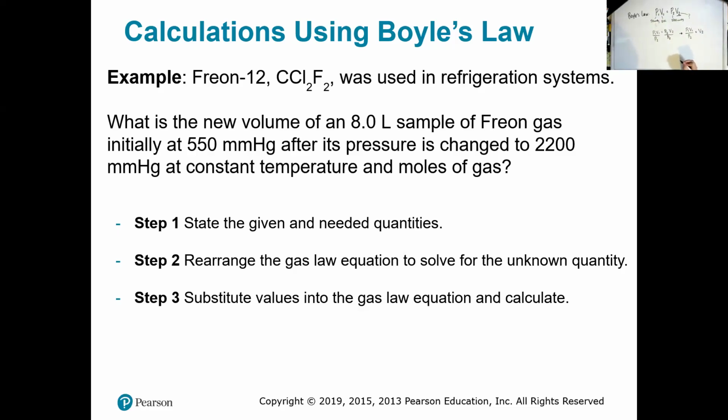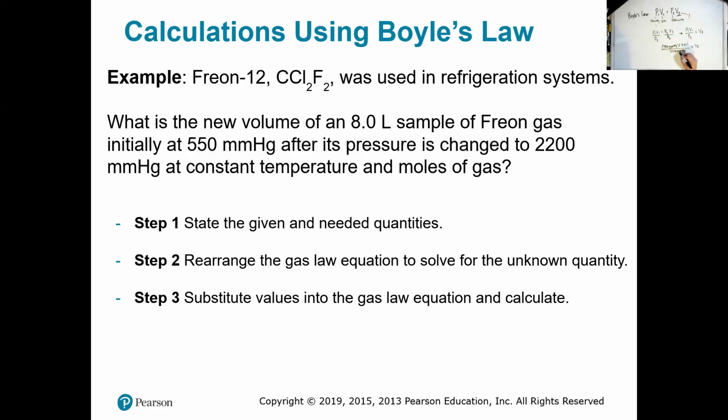Now we're just going to plug our numbers in. So what we have here, 550 millimeters of mercury times 8 liters divided by 2,200 millimeters of mercury equals V2.